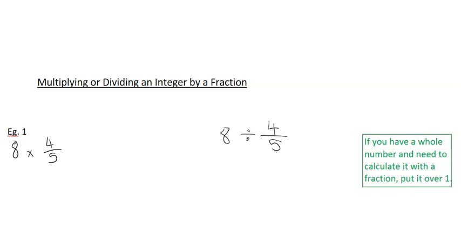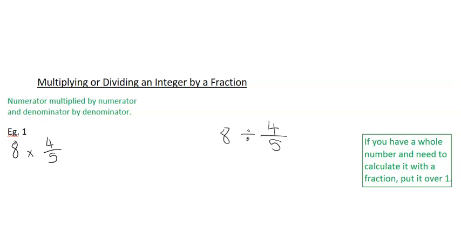So the first example, you've got 8 multiplied by 4 over 5, okay? With multiplying and dividing, it's top multiplied by top, bottom multiplied by bottom. Or, as we know the terminology, numerator multiplied by numerator and denominator by denominator. Having a look at example number 1, the first number is an integer, so it doesn't necessarily have a denominator, and the second is a fraction.